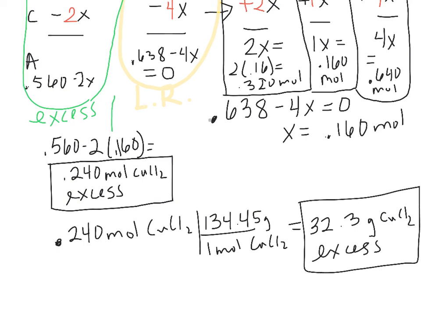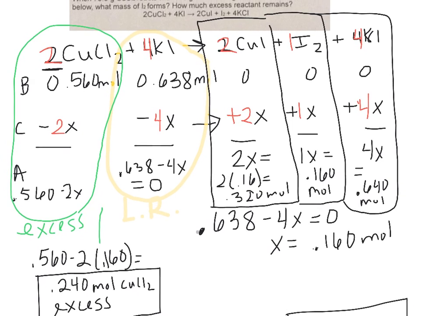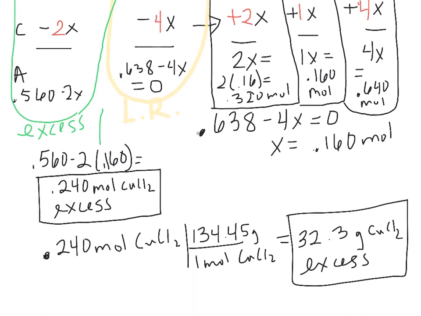Okay, the question also asks you for the grams of that iodine. So you could come back up to your iodine. We talked about it earlier. It is this, if I look under the iodine column, 0.16 moles I'm predicting as a theoretical amount. So because they asked for grams, I'll convert that to grams.